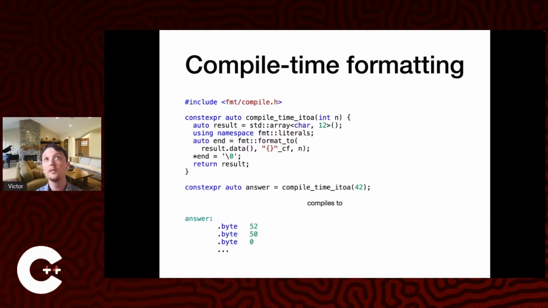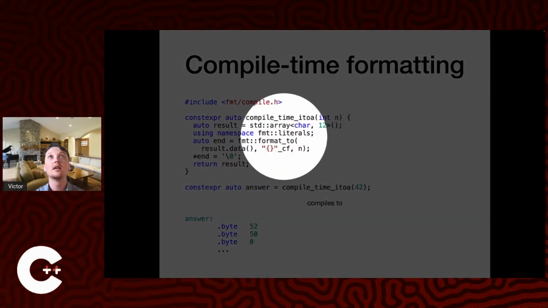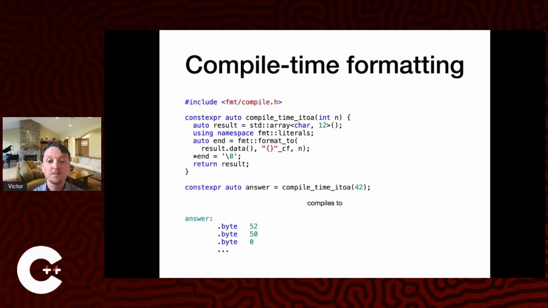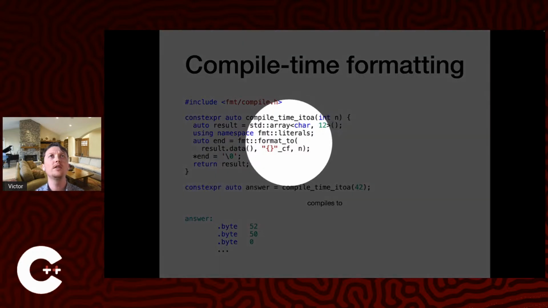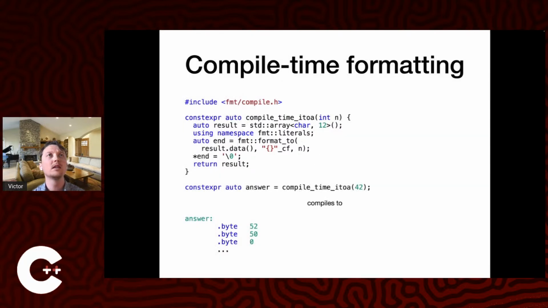So we use std::array here instead of std::string. I don't remember, maybe std::string is actually constexpr in C++20, but this is more portable. So we create this array of fixed size. We call format_to, writing into this array here, and we do the compile-time formatting.